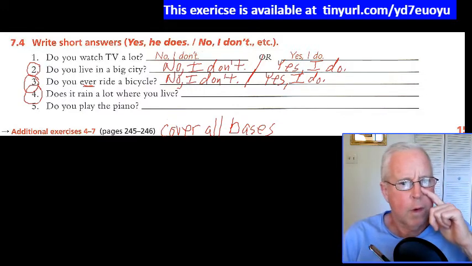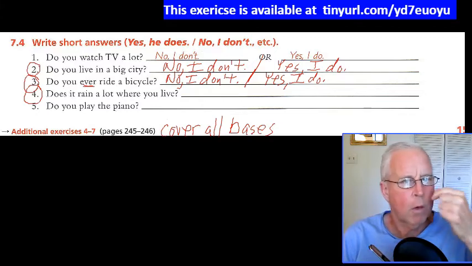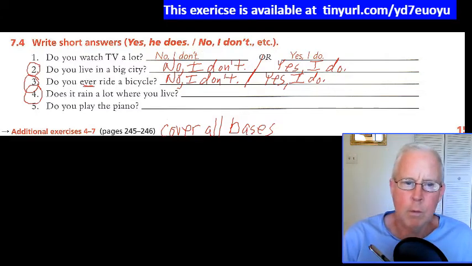Now we change to it. We're talking about the weather, it. Does it rain a lot where you live? So that's going to be no, it doesn't.